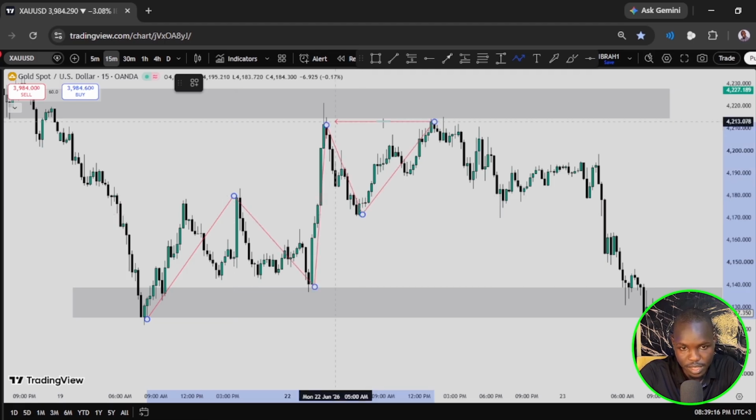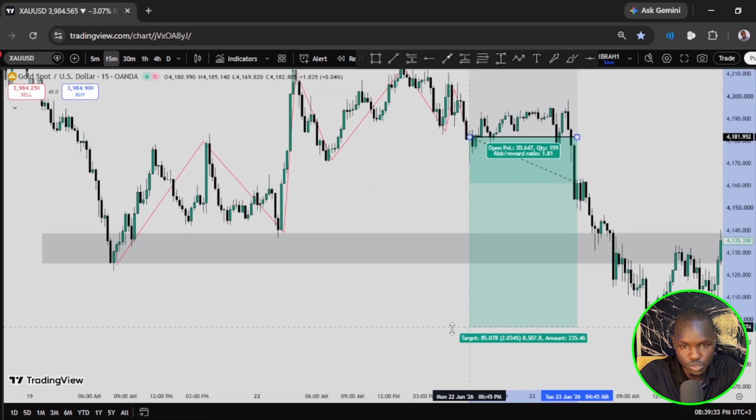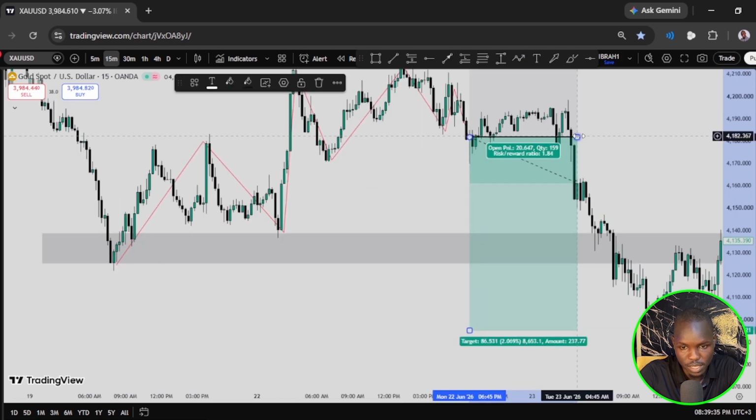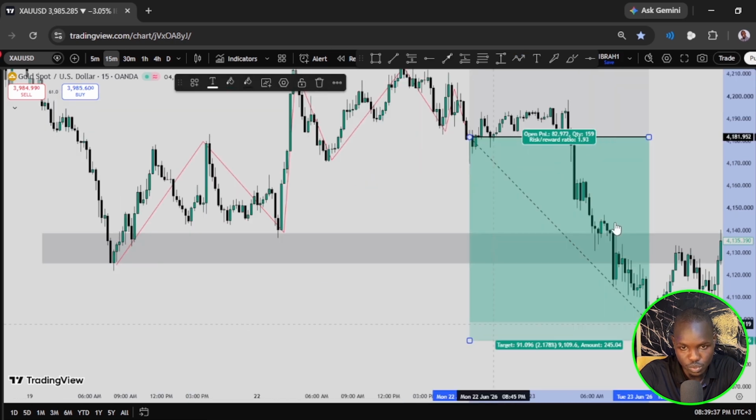And then you have this shift right here. So someone would then just take a trade somewhere here, putting the stop loss above this high or even above the resistance level, and taking our profit just 1 to 2, just like that, 1 to 2, and you would be having two nice beautiful setups with the trend.